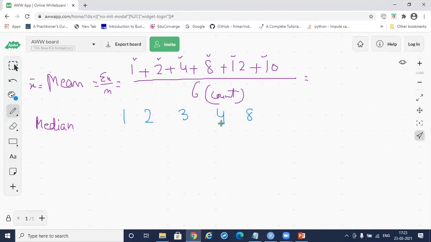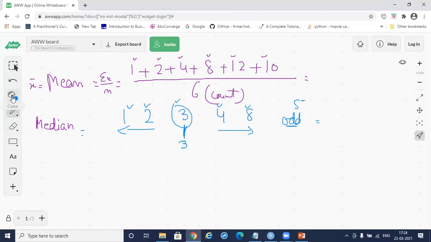I want to find out the median. Median is basically the centralized value. So what is the centralized value? 3. 3 is the centralized value because one can say you leave the same number to this side and to this side. So this is a centralized value whenever we are having odd data, because we are having 1, 2, 3, 4, 5. So the total number of counts is 5. So for odd data, we can find out the central value. So here the median will be 3.